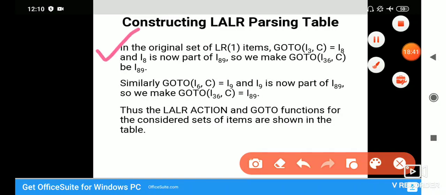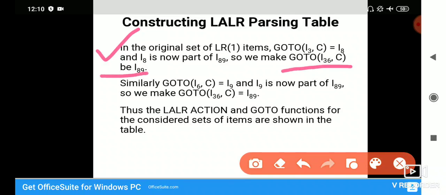In the original set of LR1 items, we go to I3 comma C is equal to I8, and I8 is now part of I89, so we may go to I36 comma C to be I89. Similarly, we have go to I36 C equal to I89, and thus we consider the LALR action and go to functions for the considered sets of items as shown in the table.